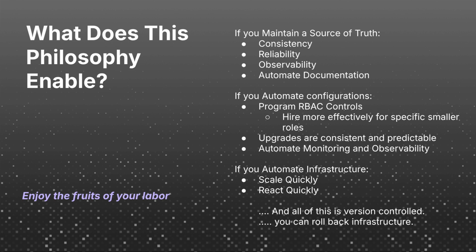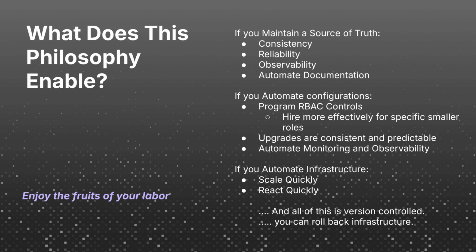And if it's all automated, then you can scale quickly and you can react quickly. And the nice thing is it's declared. It's all in a configuration file. And so it's version controlled and you can roll back your infrastructure. And when adding a new feature or adding monitoring becomes a minimal module to build, you begin to enjoy the fruits of your labor.